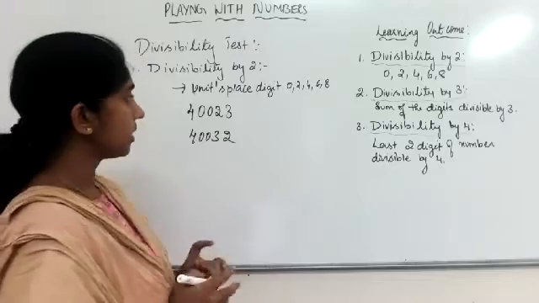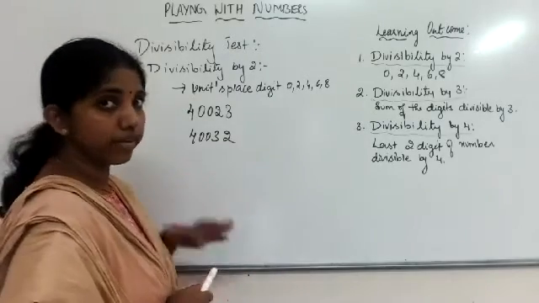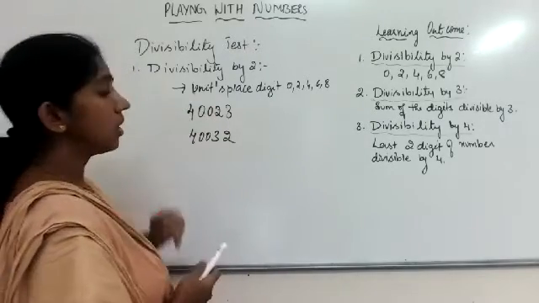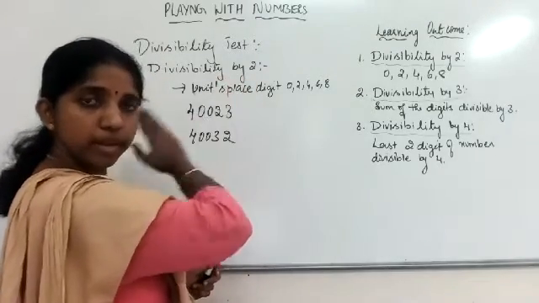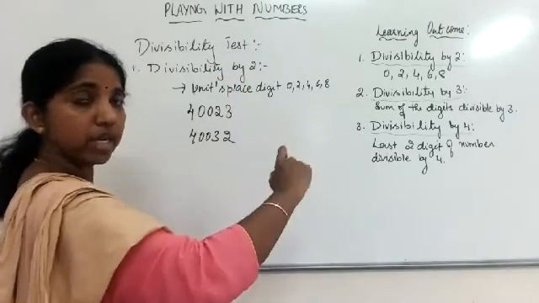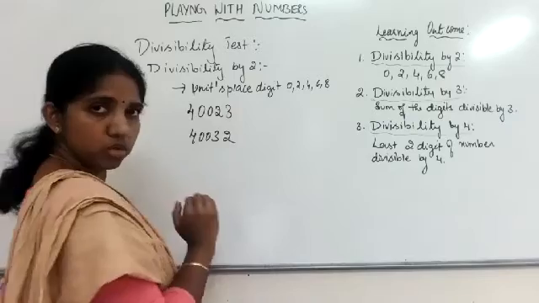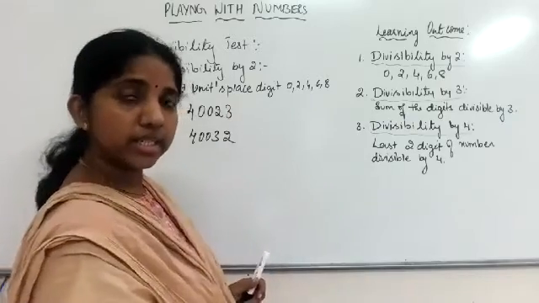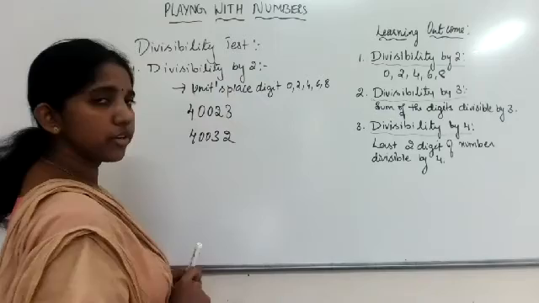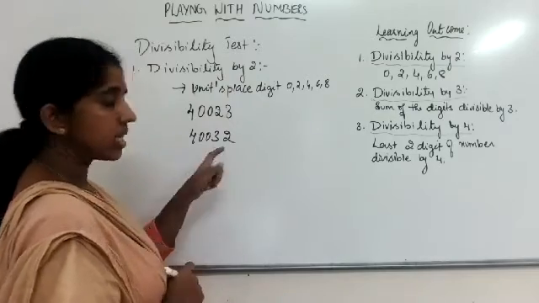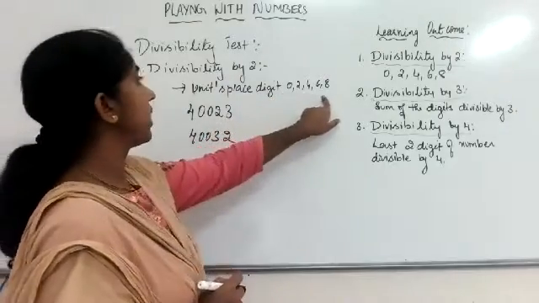Now we look at this case. We need to know the units place first. The units place is the rightmost digit of a given number, the extreme right side digit. Here 3 is the units place digit, but 3 is not found in our condition.